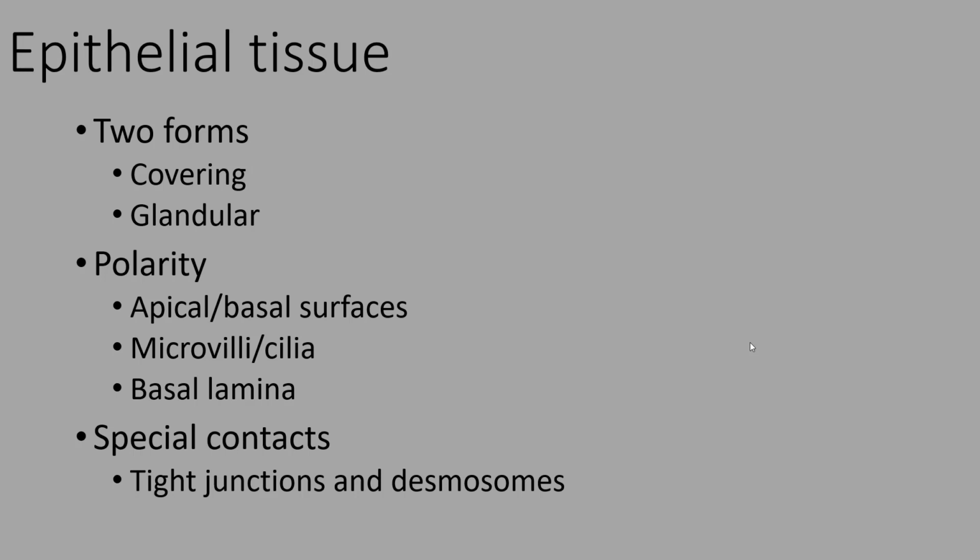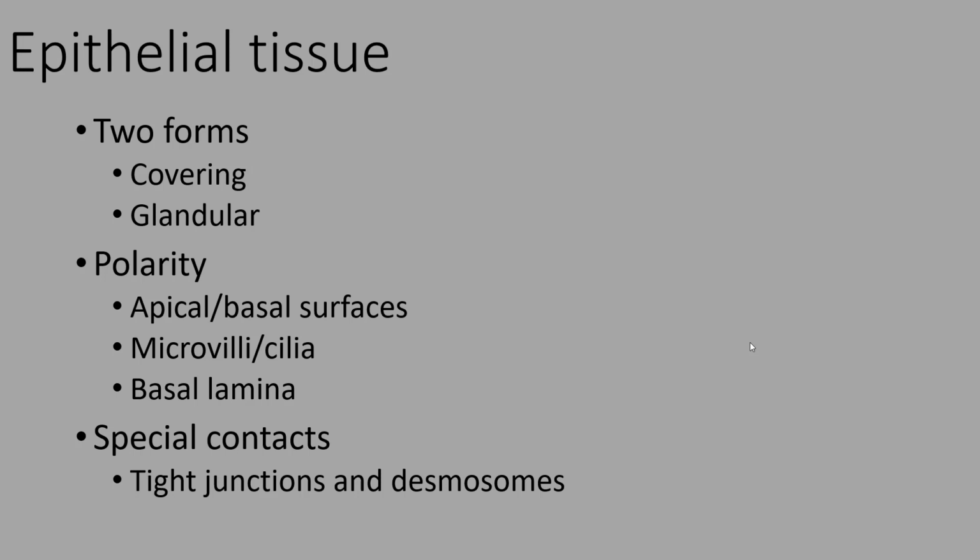There is covering epithelial tissue, which is really what we looked at in lab, and there is glandular epithelial tissue. So the glands of our bodies are epithelial also. But really what we're going to be talking about right now with the epithelial tissues are the covering epithelial tissues.